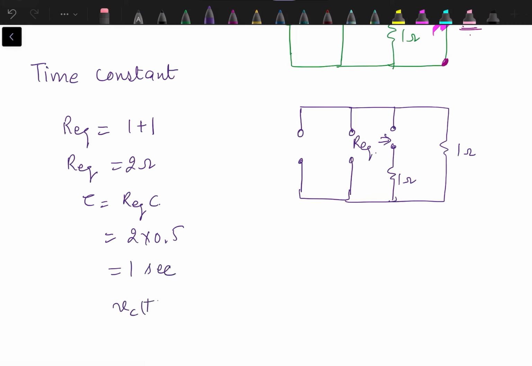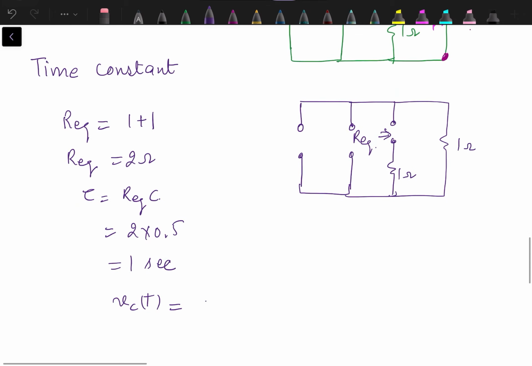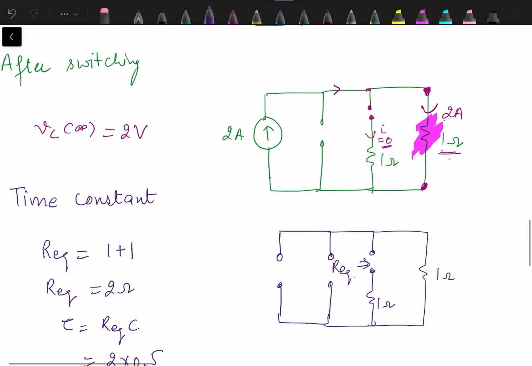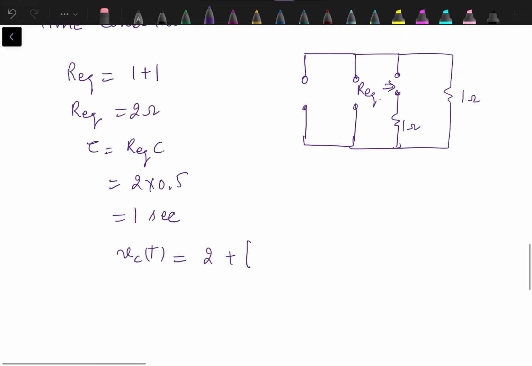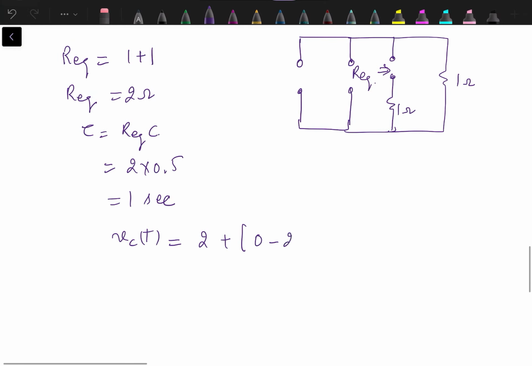So Vc(t) is equal to Vc infinity, which is 2, plus (Vc0, which was 0, minus 2) into e raised to power minus t by tau, which is 1. It's 2 into (1 minus e raised to power minus t) volts. This is the voltage across the capacitor.